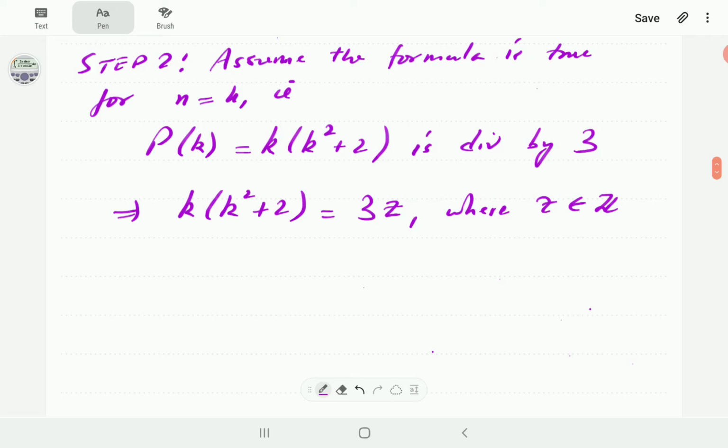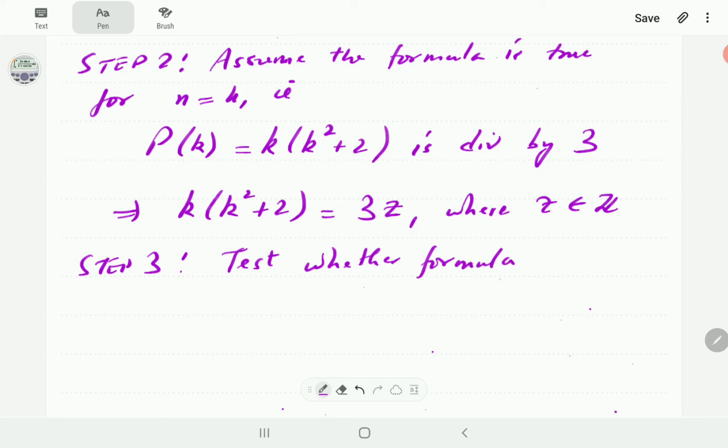Then in step number 3, which is the inductive step, we want to test whether the formula is going to be true for the next bigger integer.